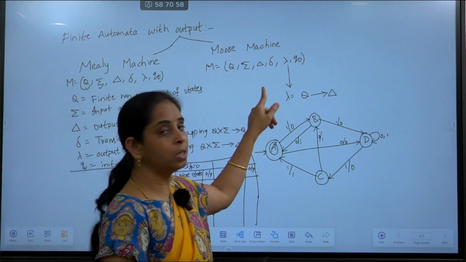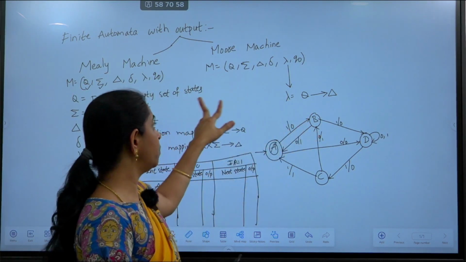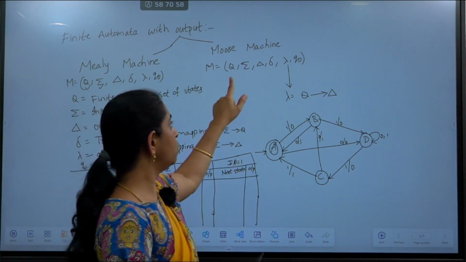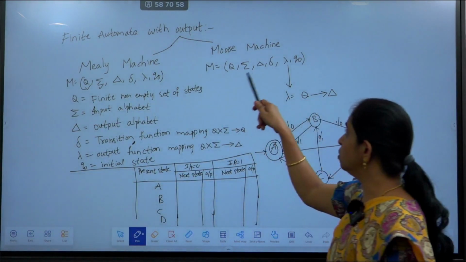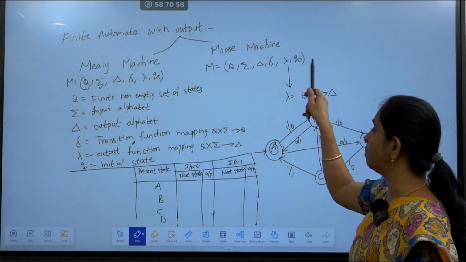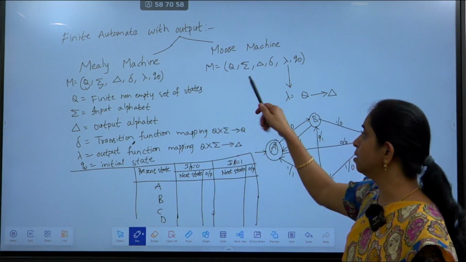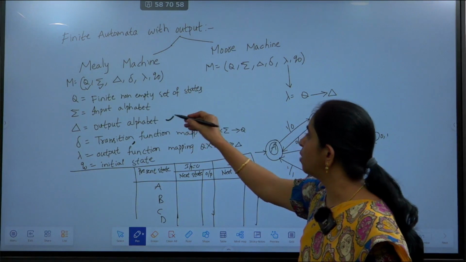In the Moore machine, output depends only on the present state. So that is the main difference between the Mealy machine and the Moore machine. The formal definition is Q, sigma, delta, gamma, lambda, Q naught. Same as before, Q is the finite non-empty set of states, sigma is the input alphabet, delta is the output alphabet.